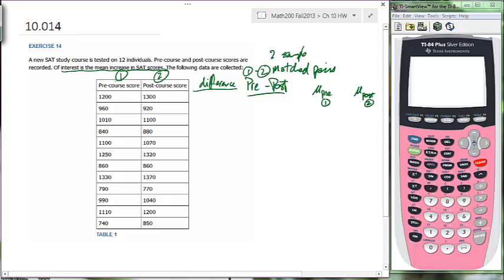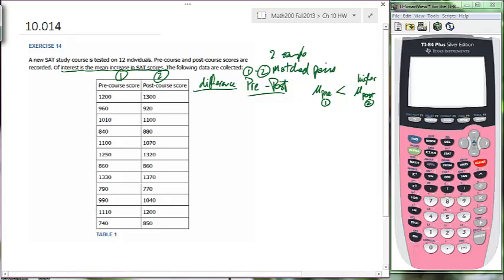If we have a mean increase in SAT scores, then that means we want this to be higher. And our sign would look like this. But what we're actually going to do is combine them by finding the difference.